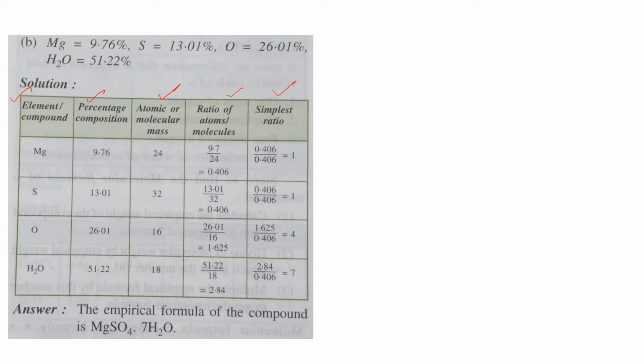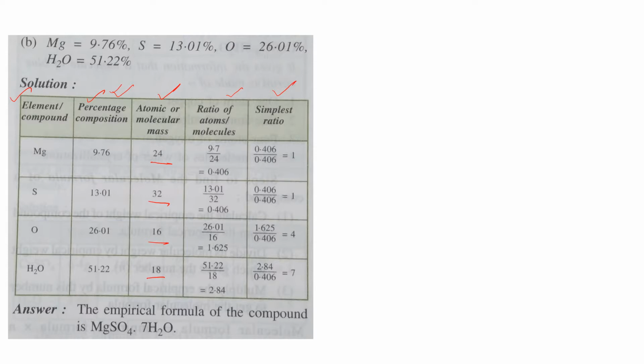Then write down all the elements and then write down the percentage composition in this table and then write down the atomic or molecular mass. As you know that the atomic mass of magnesium is 24, sulfur is 32, oxygen is 16 and water is 18. Then find out the ratio of atoms or molecules by dividing the percentage composition with atomic or molecular mass.